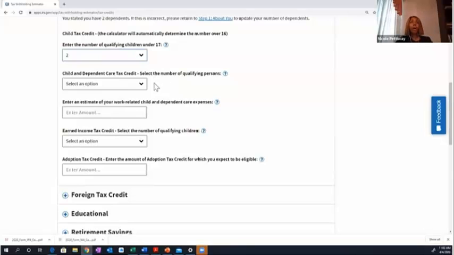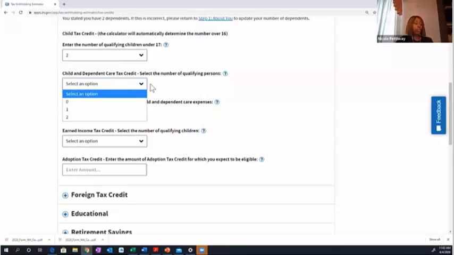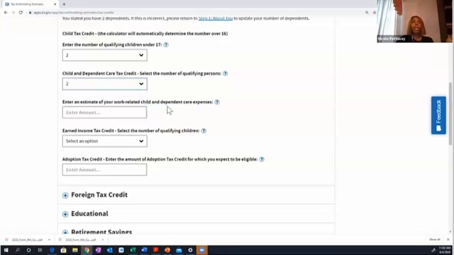Select the number of qualifying persons for child independent care tax credit. Well, she's paying $2,500 a year, so she qualifies for the dependent care tax credit. And it's for both children. So we're going to select 2 here. It also says enter an estimate of your work-related child independent care expenses. So I'm going to enter 2,500 here.